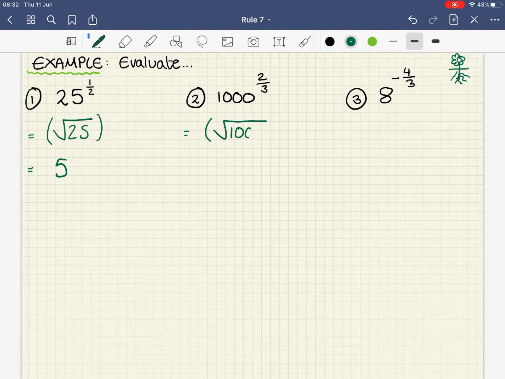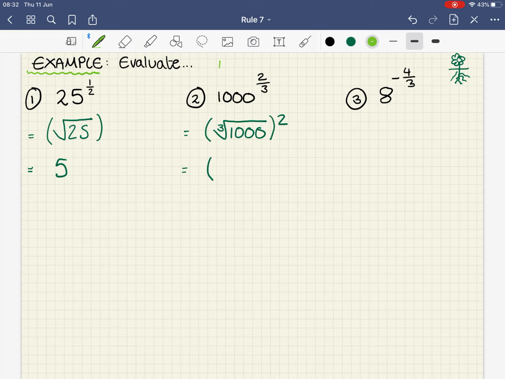So the flower is the power, so I'm going to have 2 as my power. The bottom is the root, so the 3 is going to go in my root sign there. So then firstly, I want to think, what is the cube root of 1,000? What times by itself 3 times would give me 1,000?